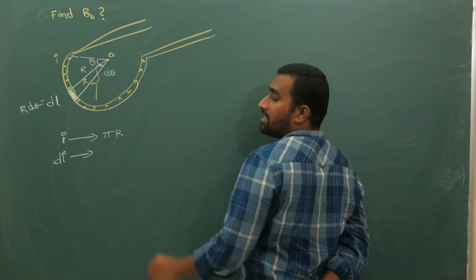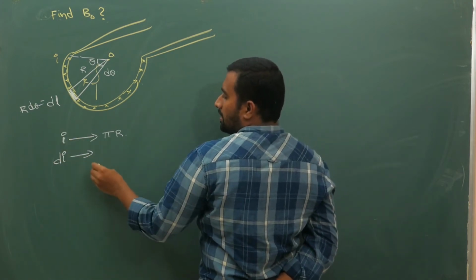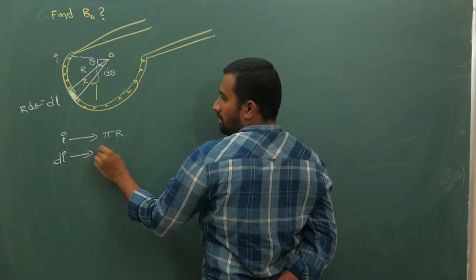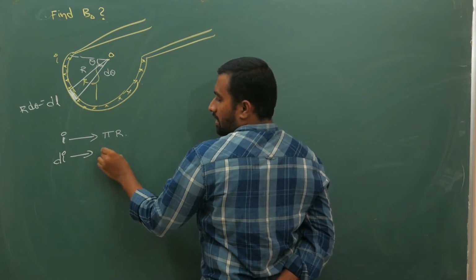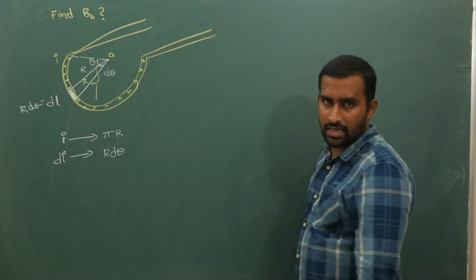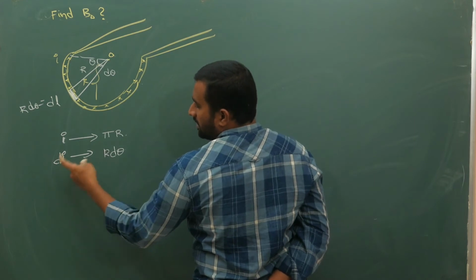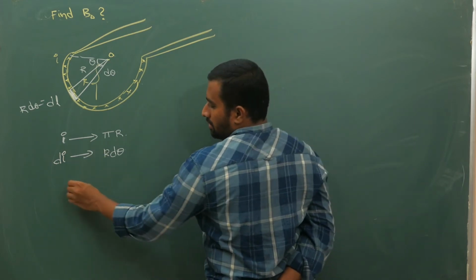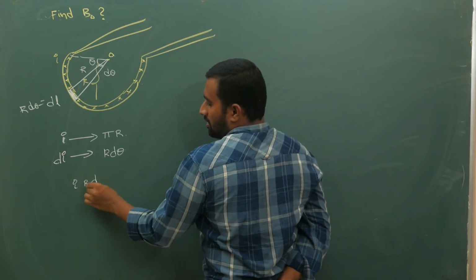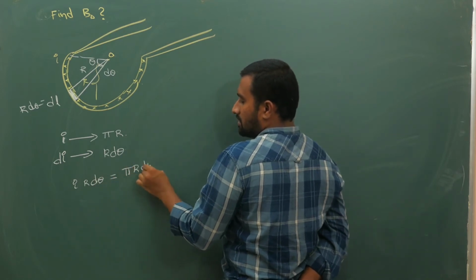I have explained very clearly how to take the strips and integrate. Your small current di is, okay, it is r times d theta. Now what I can do is, if I cross multiply, I times r d theta is equal to pi r times di.